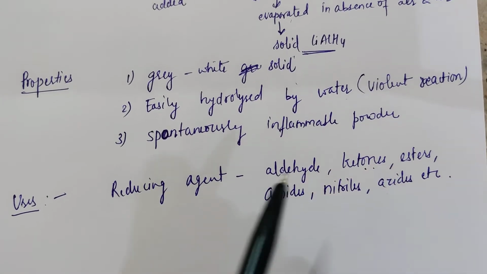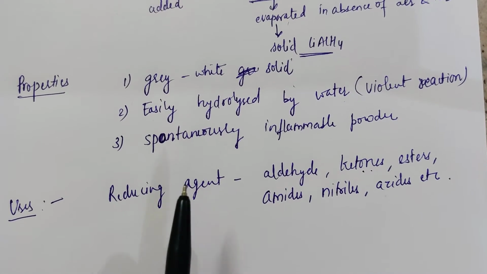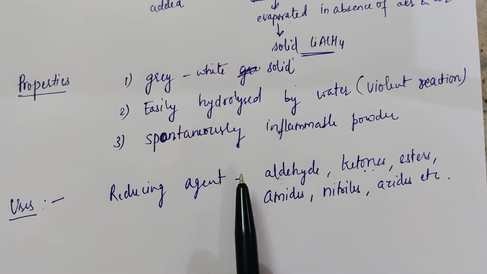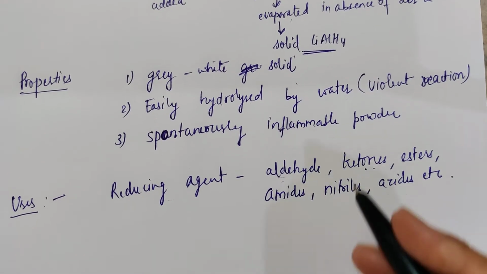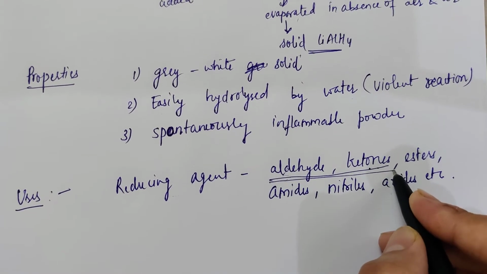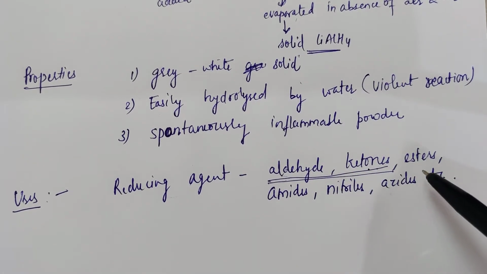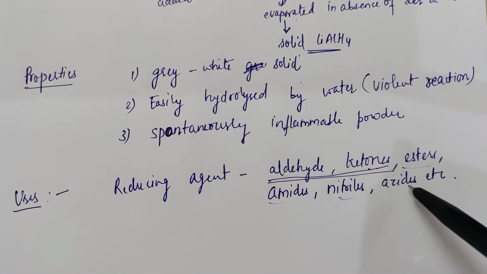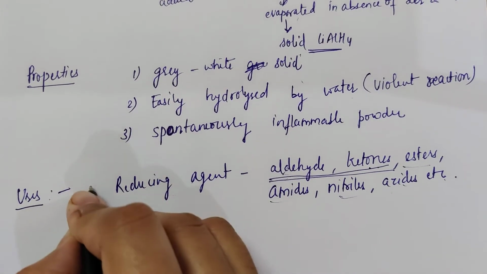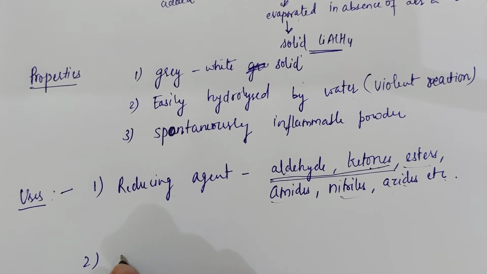So, like we have discussed in the case of sodium borohydride, lithium aluminium hydride is a stronger reducing agent as compared to sodium borohydride. Sodium borohydride could only reduce aldehyde, ketone and acid chloride, but lithium aluminium hydride can also reduce ester, amide, nitrile, azides, etc. There is no effect on the double bonds or triple bonds.